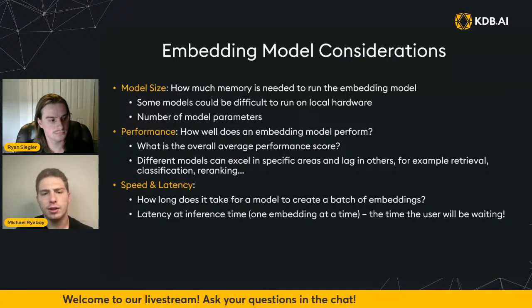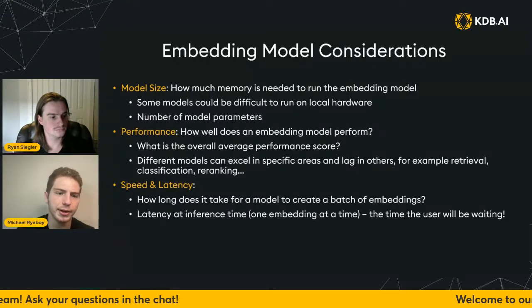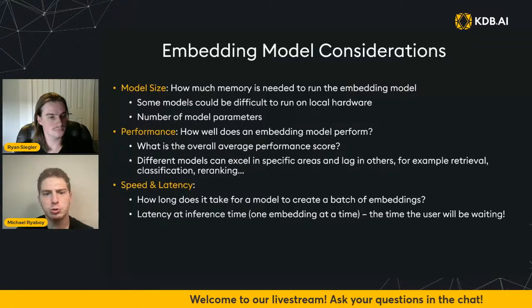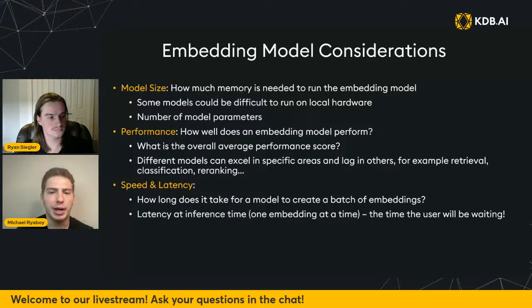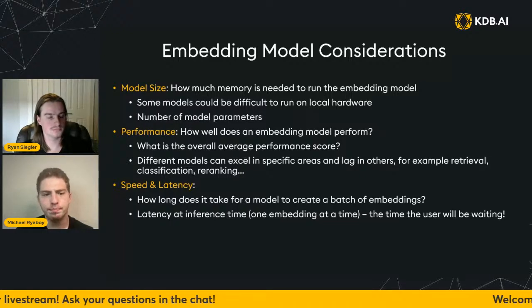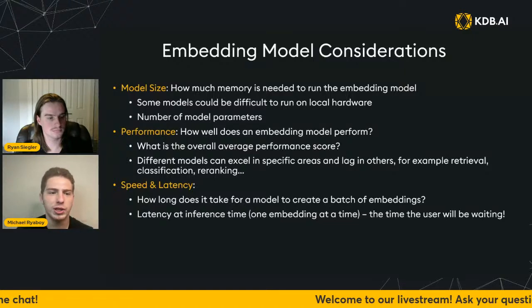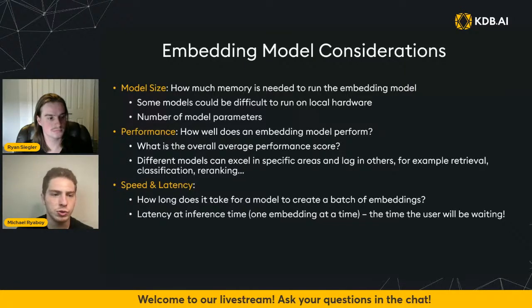Because when we're actually processing and embedding our data set, we don't want to be waiting for many, many hours just to embed our data set, right? So we want it to be efficient in batches and embed batches of embeddings quickly. But likely more important is the latency at inference time, or we could think of it as latency with a batch of one. This is the time the user is actually waiting.